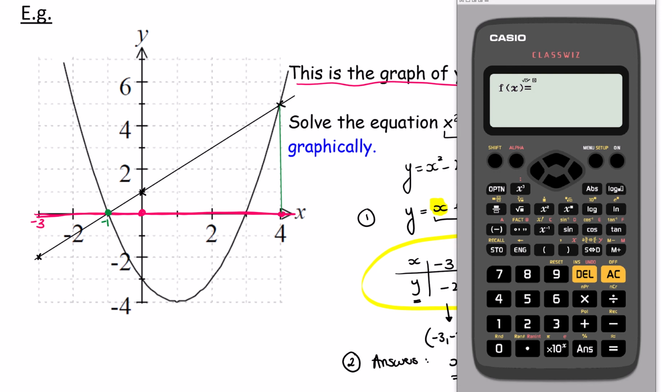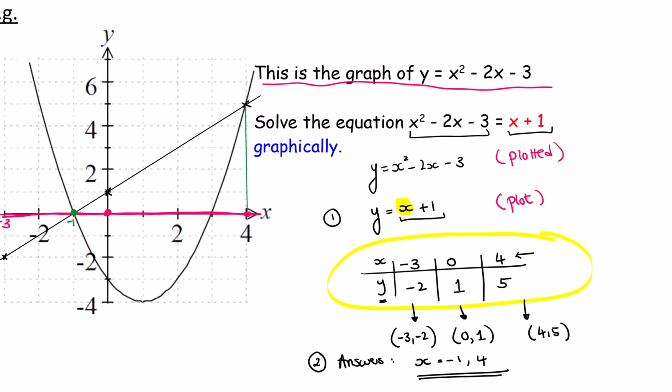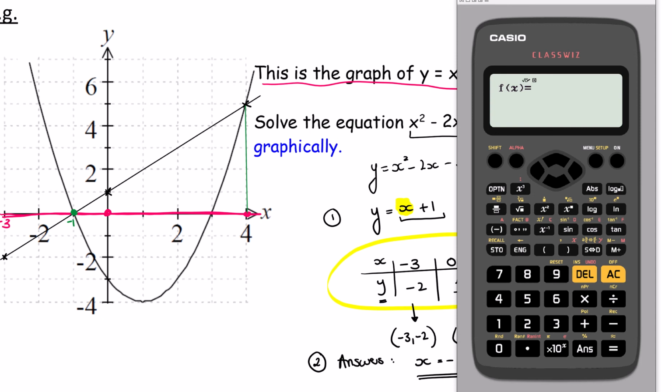So you need to type in the equation of the line, which happens to be x plus 1. To get the x, it's above the bracket button, and it's in pink, so you have to click on the alpha button at the top of the calculator. So alpha brackets gives me an x, and then I type +1, and I click equal to choose.